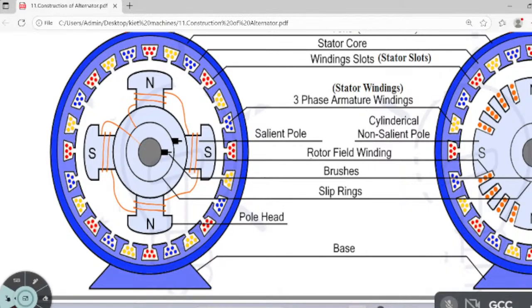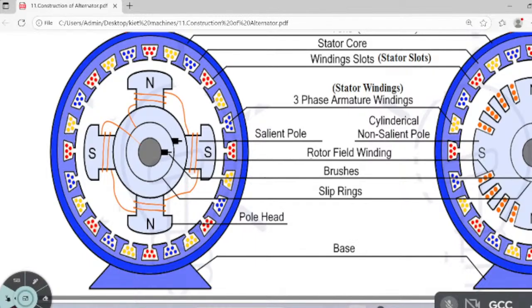Why do we require brushes? By using these slip rings we are converting these north pole, south pole into magnets, not permanent, we are making them magnets using the slip rings.